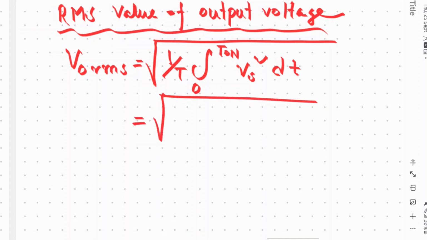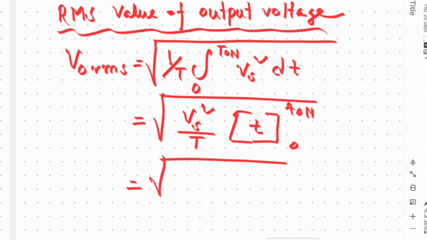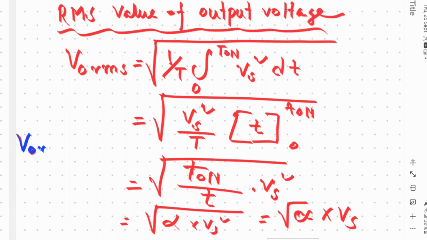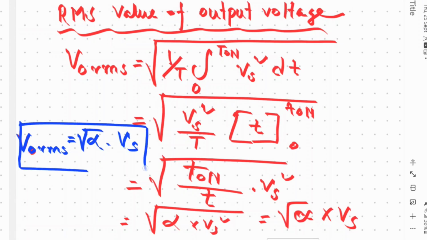This is Vs square by T into T on, so we can write T on by T into Vs square. That is root over alpha into Vs square, so root alpha into Vs. So V0 RMS is equal to root alpha into Vs. This is the equation for the RMS voltage.